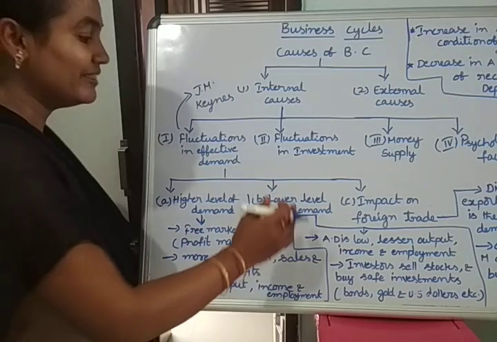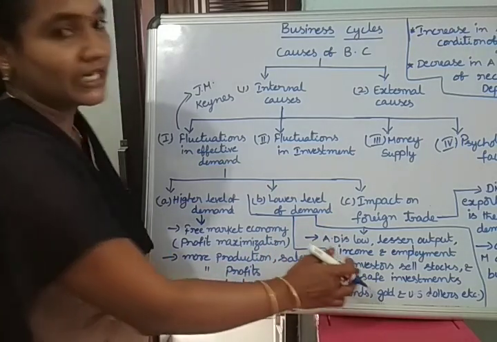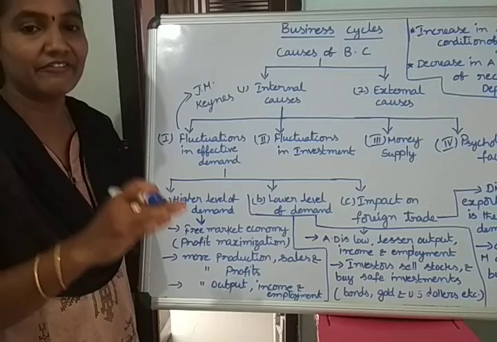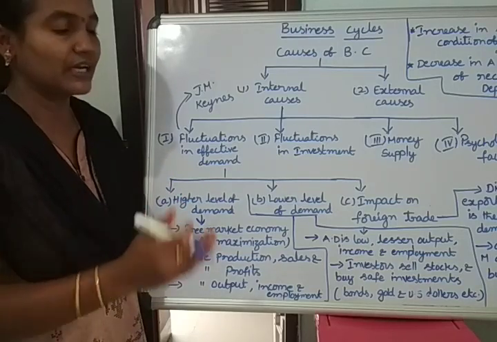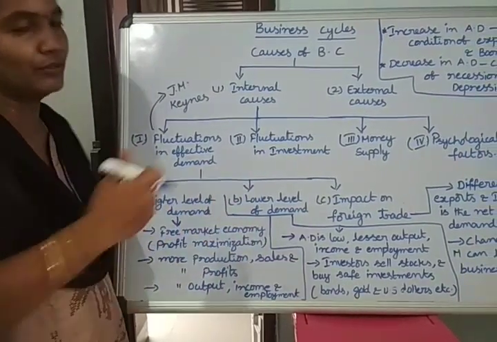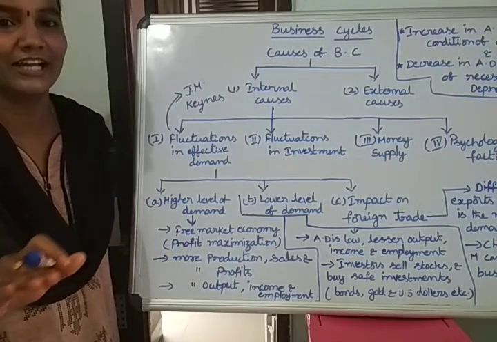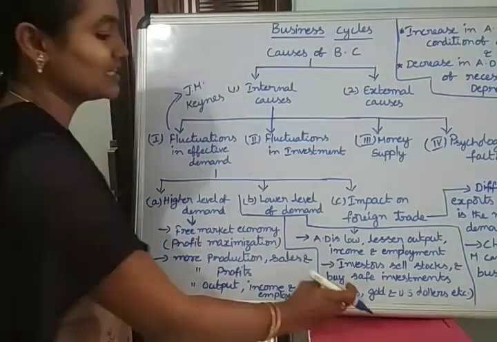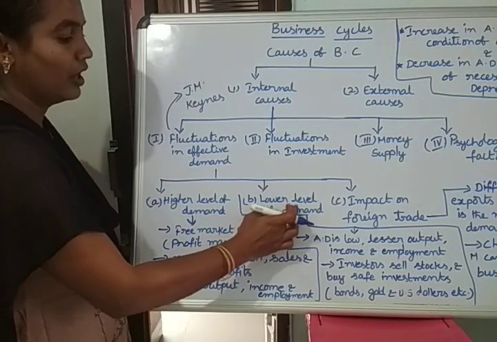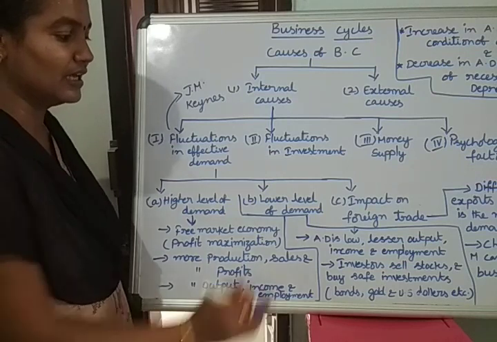That's why, when the level of aggregate demand is low, investors always try to invest on the safe side only. For what purpose do they invest this way? For getting more profit, or if sometimes they do not get profit, then at least they do not get any loss. So safe investments will be followed by investors when there is a lower level of demand for goods and services in the society.